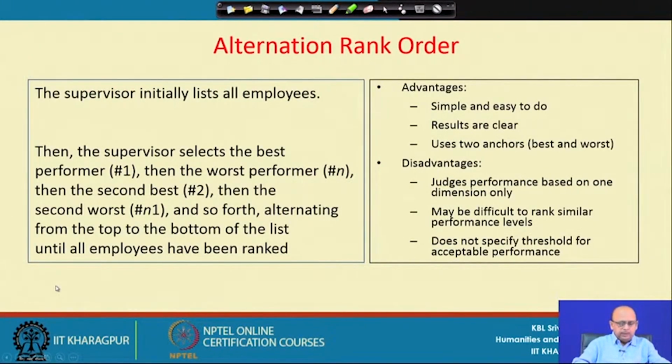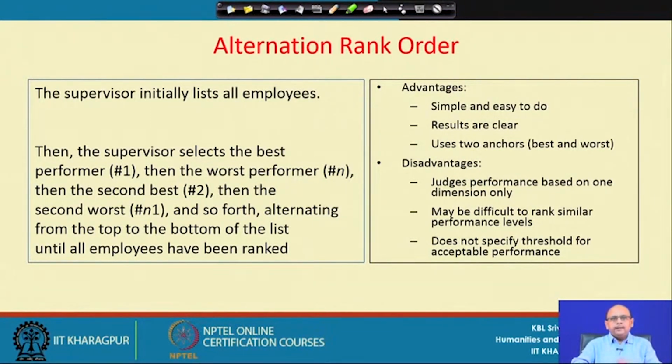Now, in addition to that, you can adopt a different method, that is alternative ranking. In alternative ranking, you have a list of all employees, then the supervisor selects the best performer and then the worst performer. First of all, you identify who is the best performer, who is the worst performer, then the second best, then the second worst. So, who is going to be number 2, who is going to be number 4.